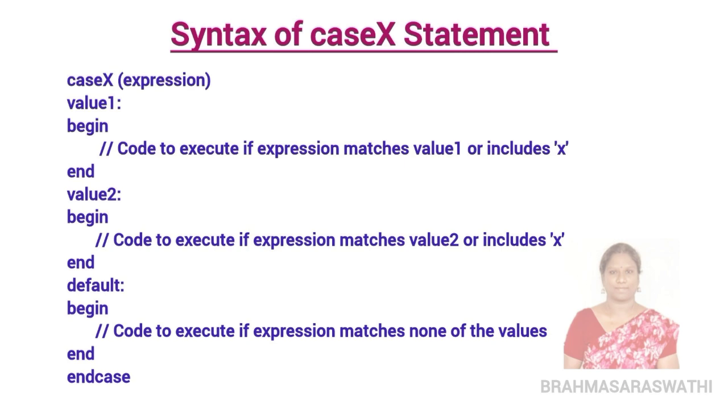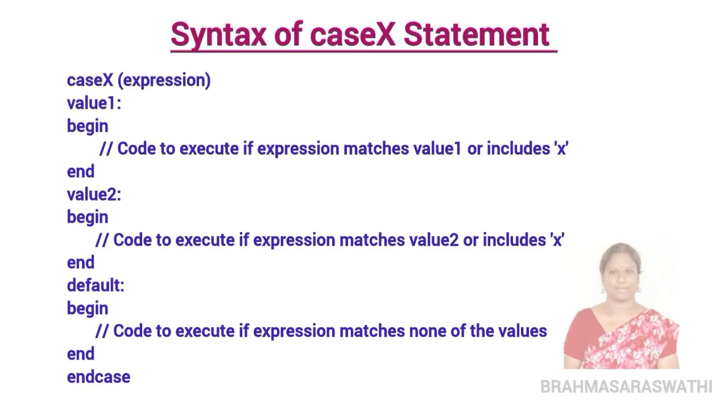Casex expression, and the remaining syntax is the same as the case statement. You have to observe here that in value 1, value 2, value 3 or default conditions we write the code, binary code, but in the binary code we include the value of x. Okay, these are the don't care conditions.